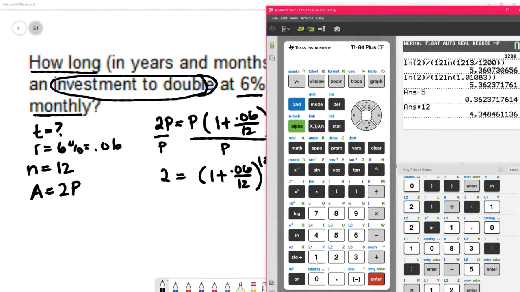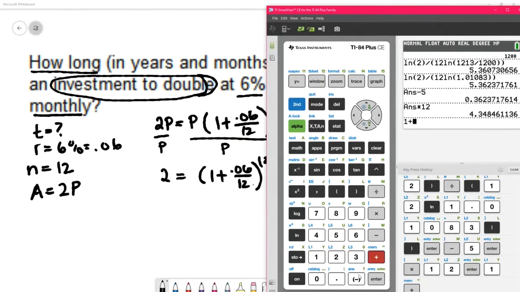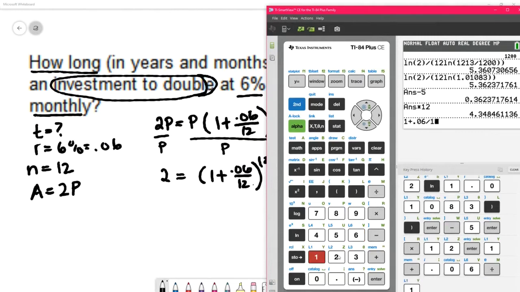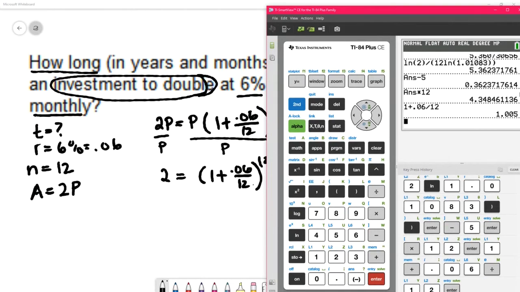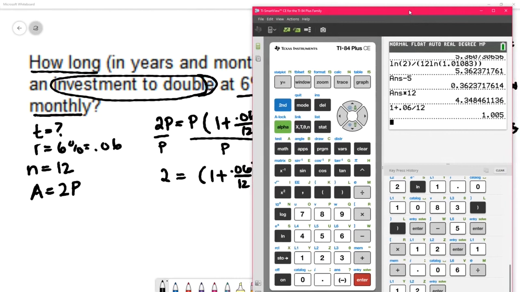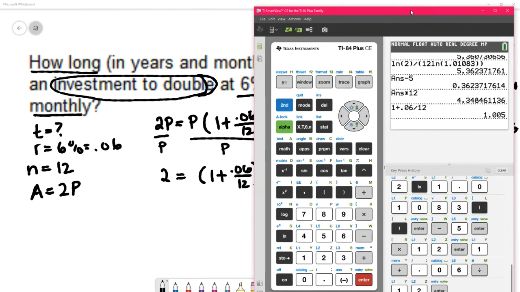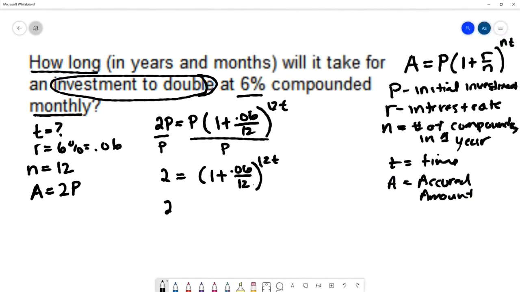We're going to do 1 plus 0.06 over 12. And our calculator says that's 1.005. That's a nice terminating decimal. We have 2 equals 1.005 to the 12T.